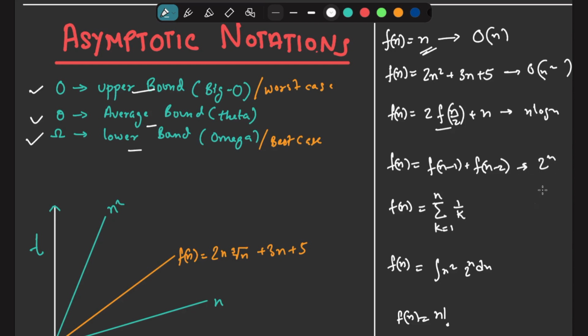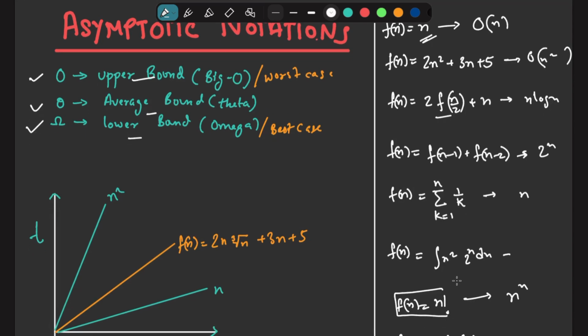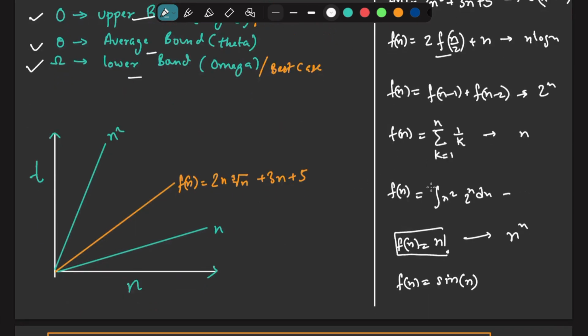So this was 2 power n. This is also, if we expand this series and use recurrence relation, we can get it as maybe n, and this we can get as n power n using recurrence, because this is a recursive function. If we simplify it, we'll get order of n power n.